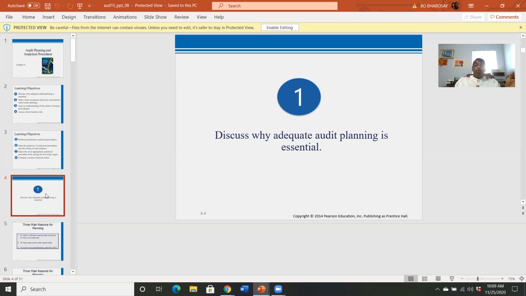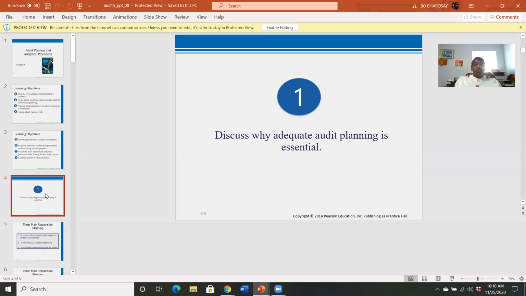Because at the beginning of the audit, you give a client the price that you're going to charge. That price should be based on the estimated hours you expect to spend in each category of staff time. When you're conducting the audit, you want to make sure that you are spending the appropriate time and you're not exceeding your budgeted hours.